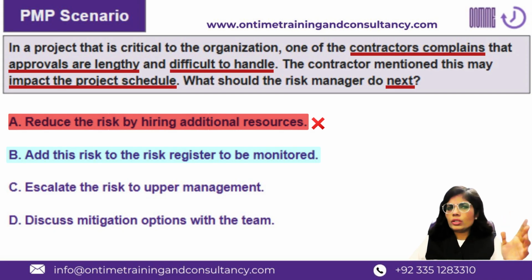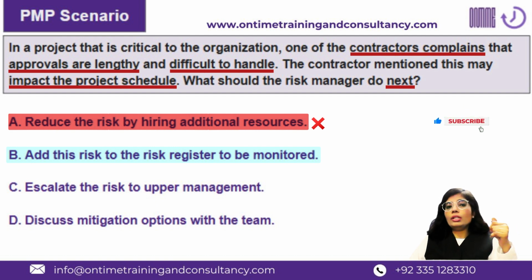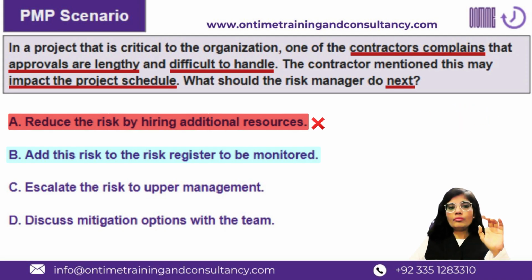Add the risk to the risk register to be monitored. Add the risk to the risk register, kind of yes, but to be monitored, that part is tricky. Why? Because those risks which are identified and kept on monitoring are usually the risks which are low ranked, the risks kept in a watch list, where you do not really go for any active strategy and you just accept those risks without any response strategy because of their low probability and low impact.